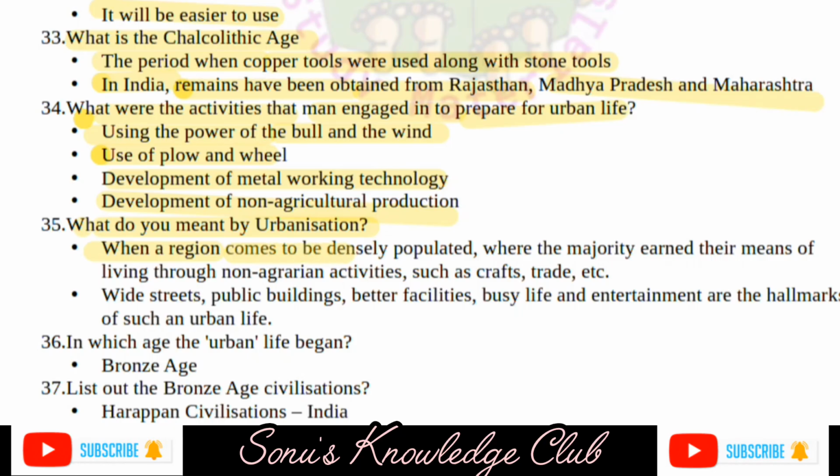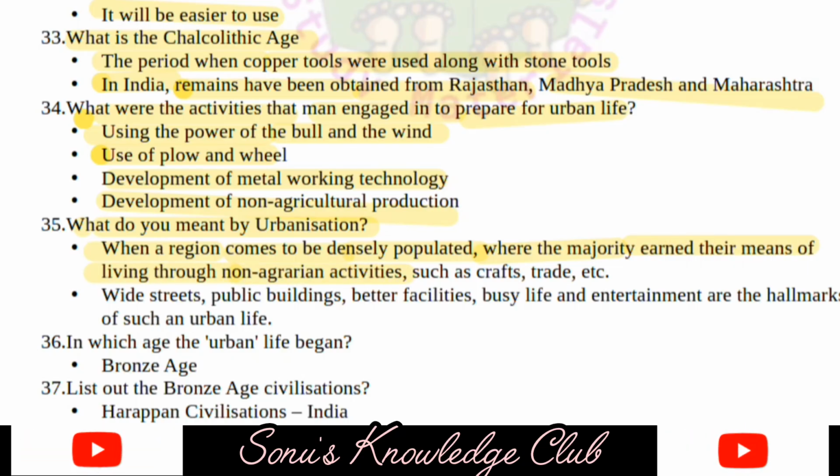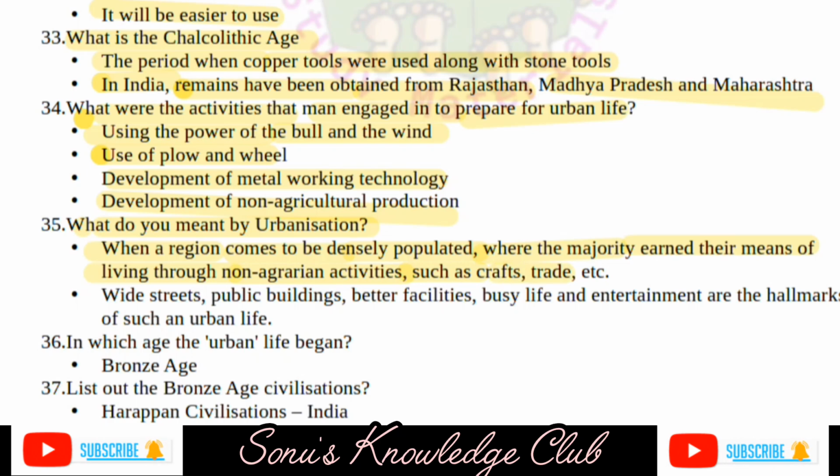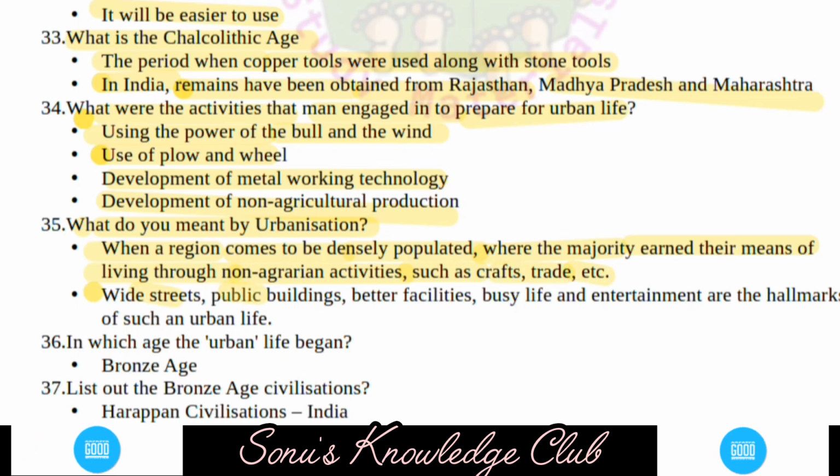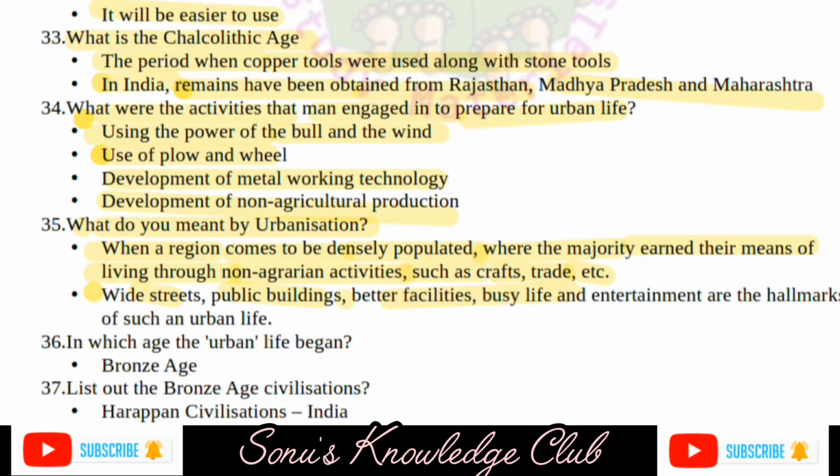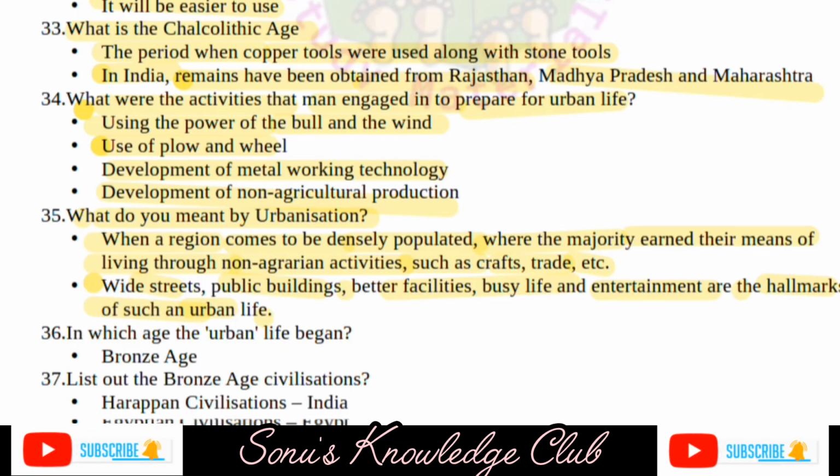When a region comes to be densely populated, where the majority earn their means of living through non-agrarian activities such as crafts, trades, etc. Wide streets, public buildings, better facilities, busy life, entertainment are the hallmarks of such an urban life.